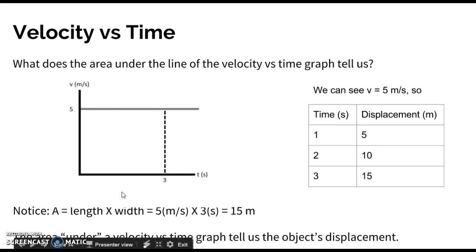The reason why that term under is kind of confusing is because we can actually have a negative value, as we'll see on the next slide. Our velocity can be negative, right? We can have a negative velocity, why not? When we're dealing with the area under the curve, it's actually the area between that line and our time axis. And we'll see that in just a moment.